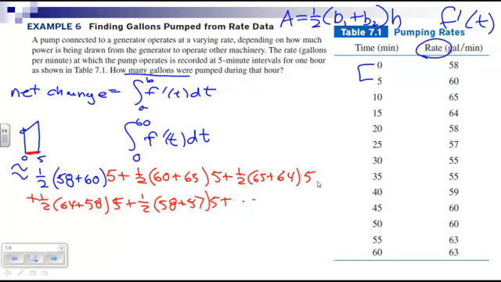You get the picture. Okay, that is each trapezoid explicitly being written out.